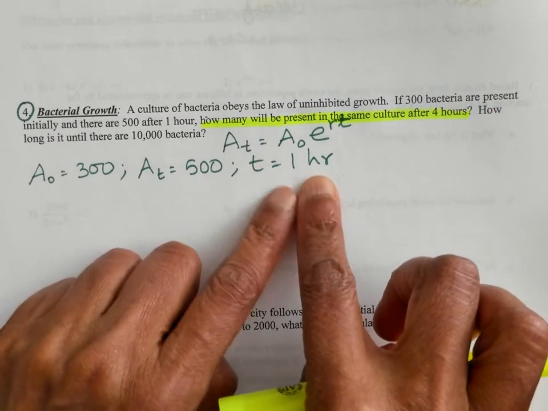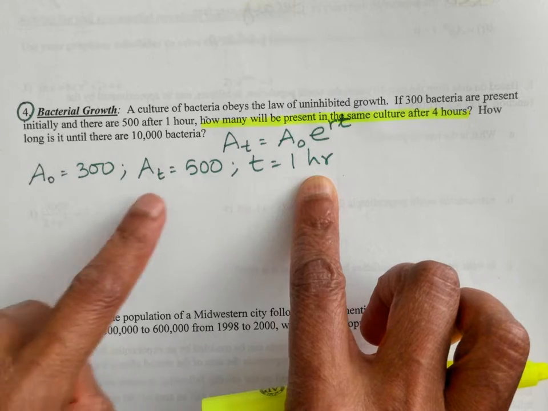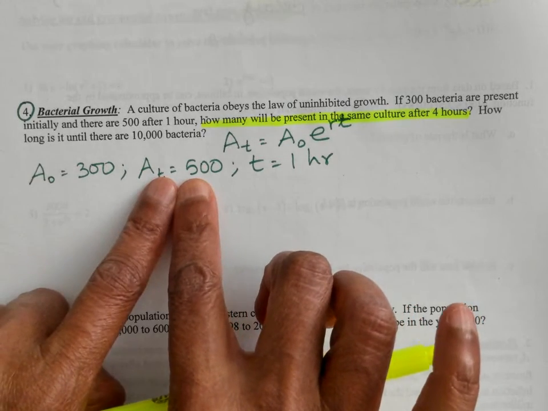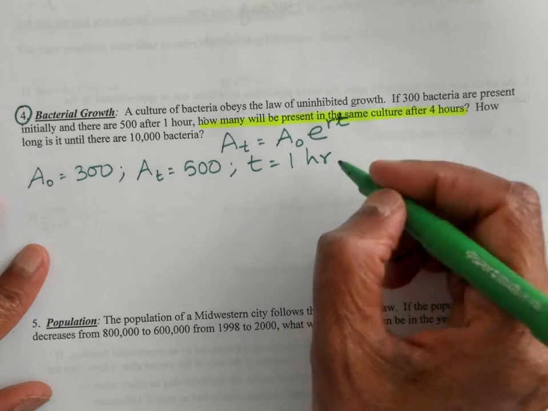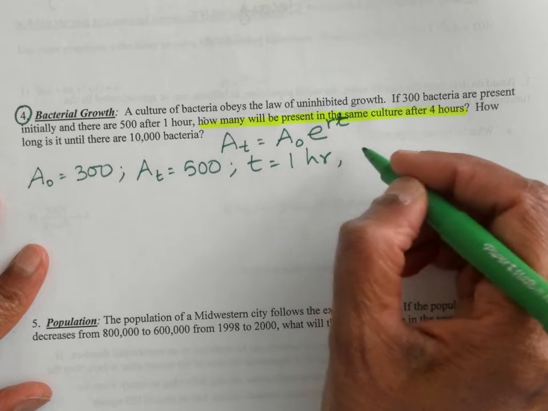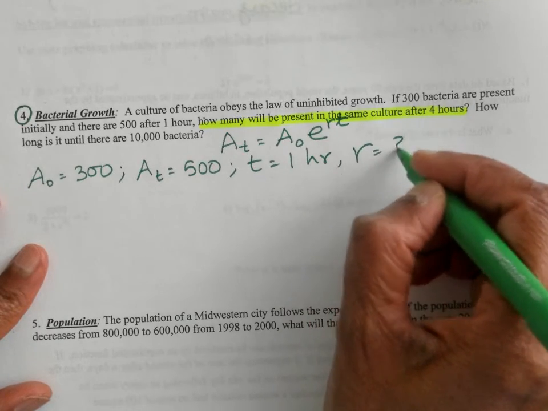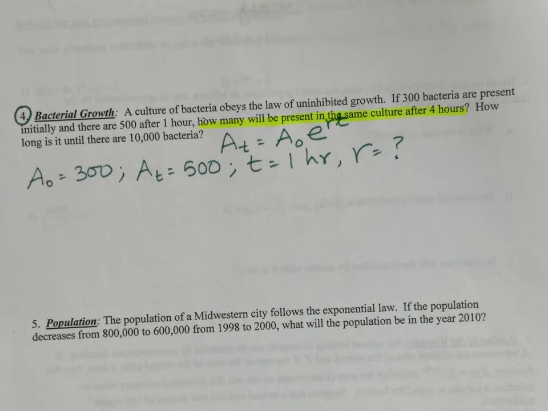So I know my T will change to 4. I have my initial amount to be 300. My new amount is what I'm trying to calculate. But what do I need? R is unknown. Without the rate of growth, I don't know how much 300 will grow to in 4 hours.